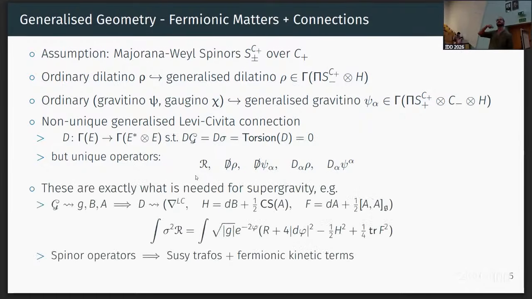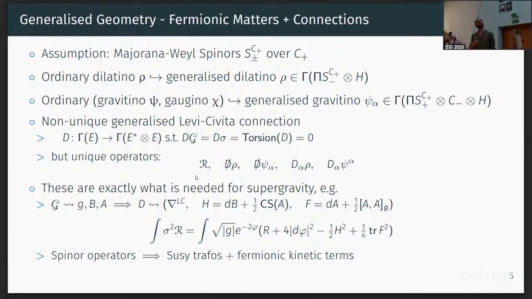So again, if you break down this generalized metric into its component fields, then you can roughly break down this generalized connection into a normal Levi-Civita connection, some H flux, and the field strength of the gauge bundle, plus some derivatives of the dilaton, which I forgot to write down here.